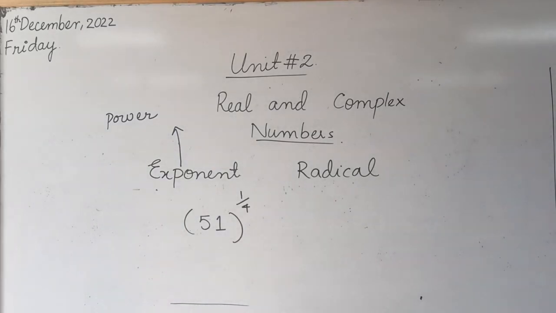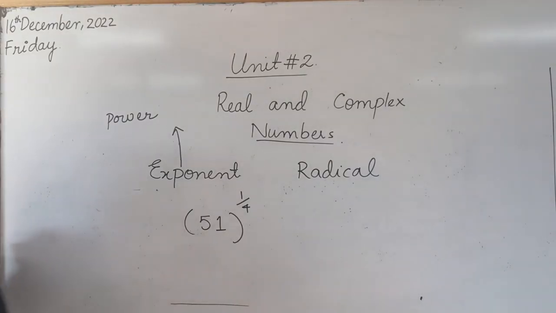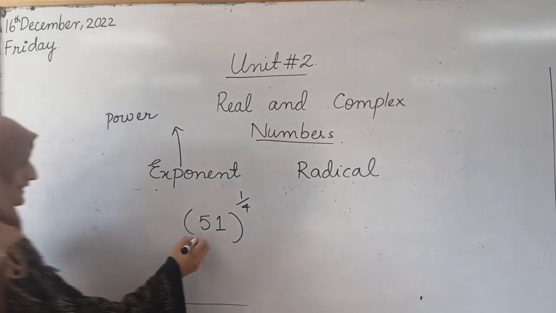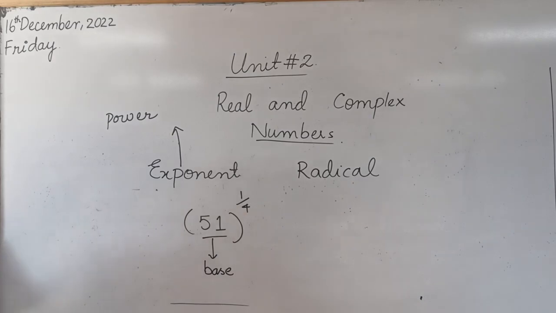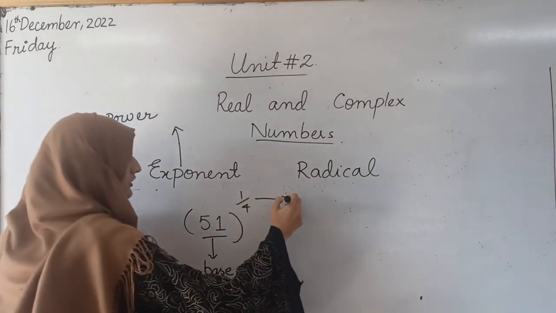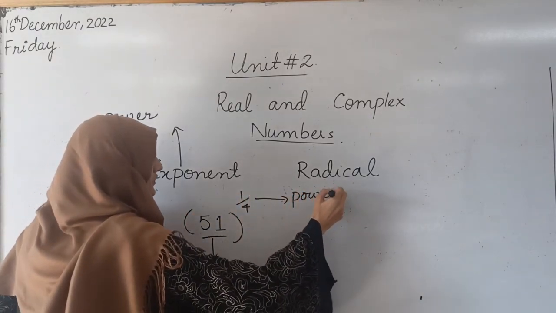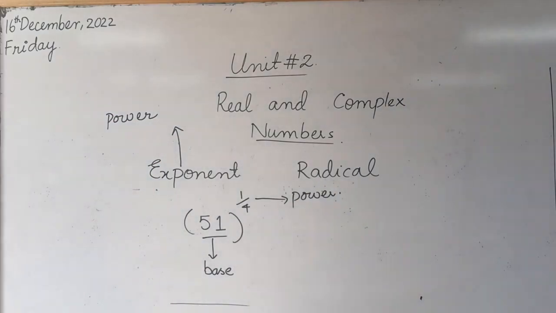This number is written in exponential form. What is the base? Who will tell me what is the base of this number? 51. Great. This is your base. And what is the power? 1 by 4. Good. So to convert this exponential number into radical form, what will you do?